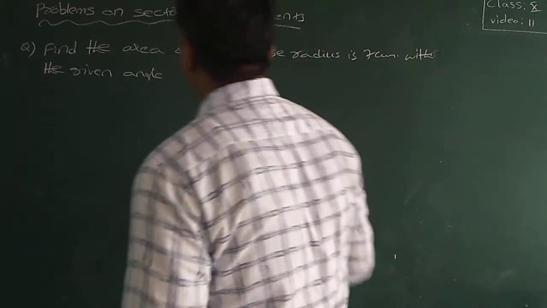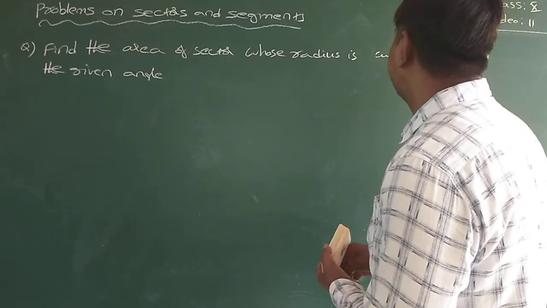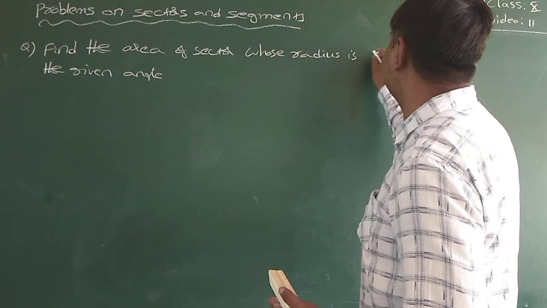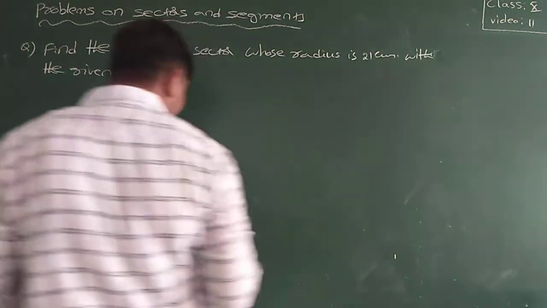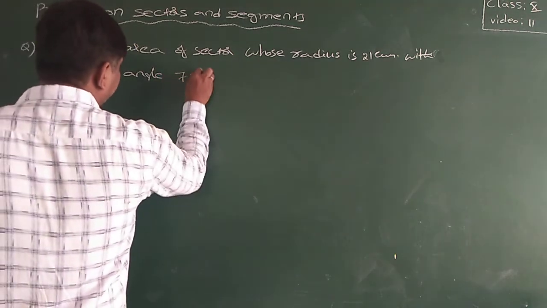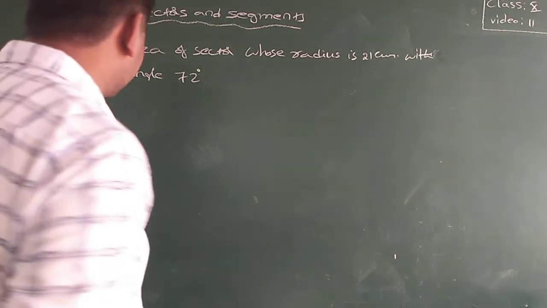Now another question: find the area of a sector whose radius is 21 centimeters with the angle 72 degrees.